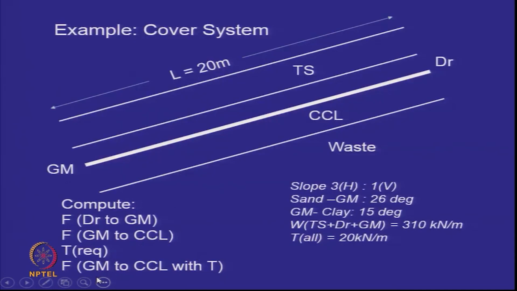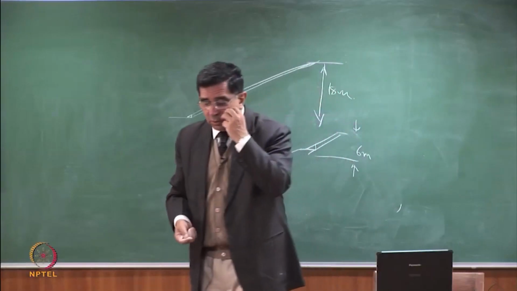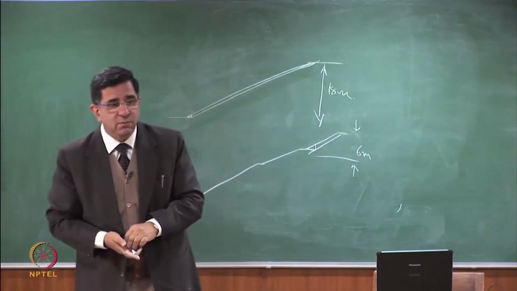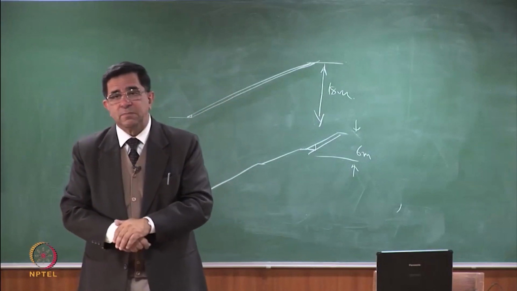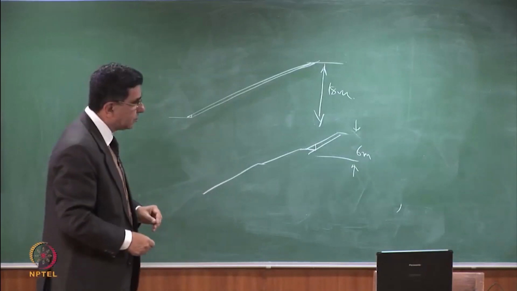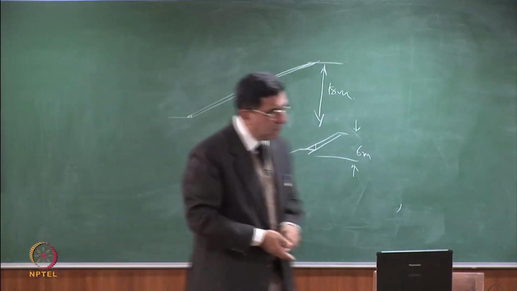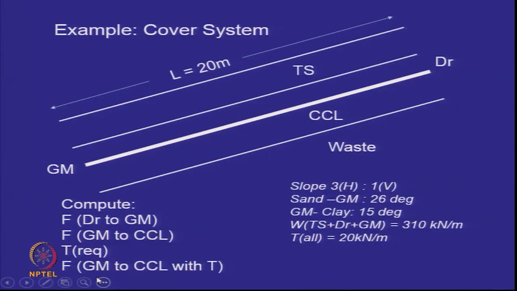So let me give you a problem, and you'll have to take out your calculators for this if you have. If you don't, we'll try and work something out. But let's look at this problem. What does the problem say? You have a 20 meter long slope, and that's your geomembrane.